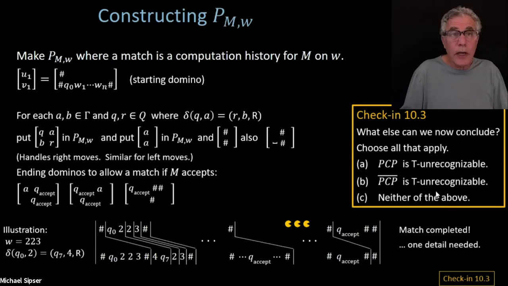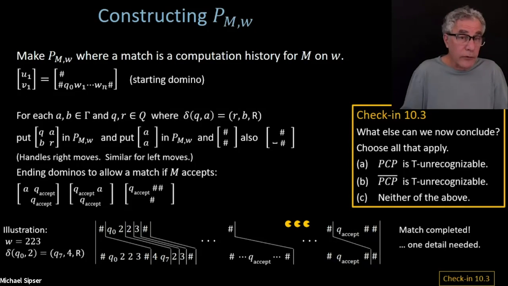So the reason why B is correct is that we know PCP is undecidable, but we also know that it's recognizable because you could try all possible ways of combining dominoes one after the next, and accept if you ever find a match.